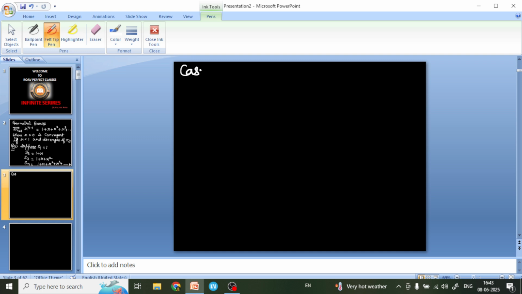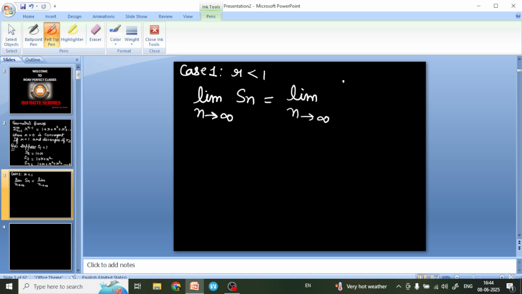In case 1, if we take r less than 1, then limit n to infinity of Sn is equal to limit n to infinity of (1 minus r raised to power n) over (1 minus r).